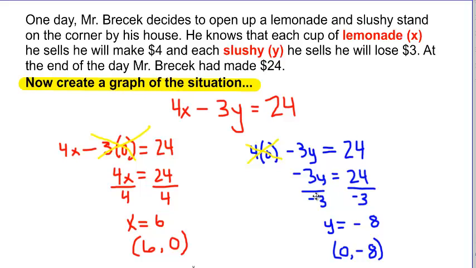From there, we have to divide by negative 3 on both sides, paying attention to positives and negatives to make sure we get the right sign on our final answer. A positive 24 divided by a negative 3 gives us a negative 8. So we have the y-intercept (0, -8).